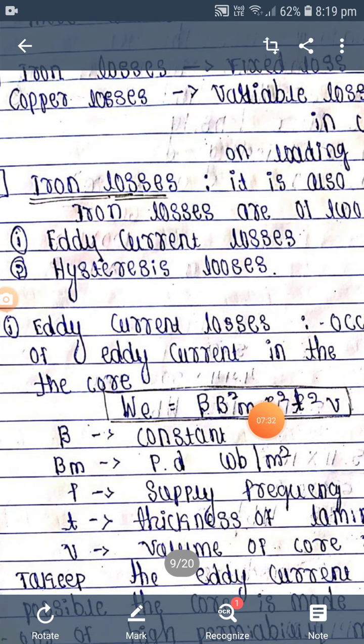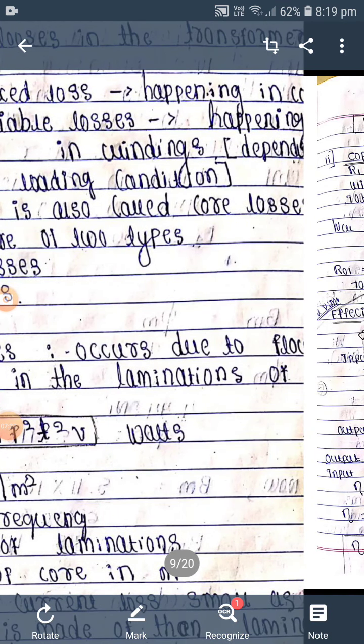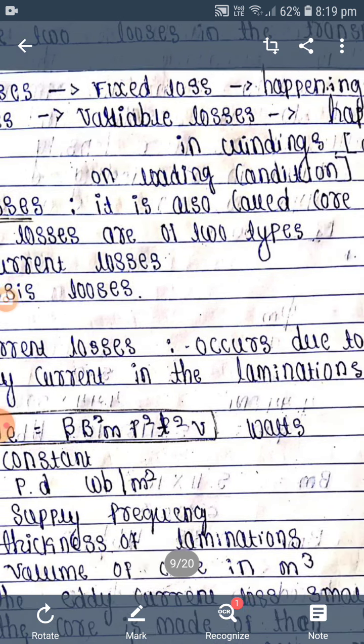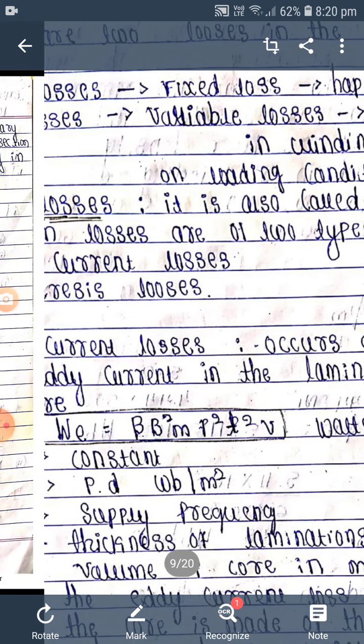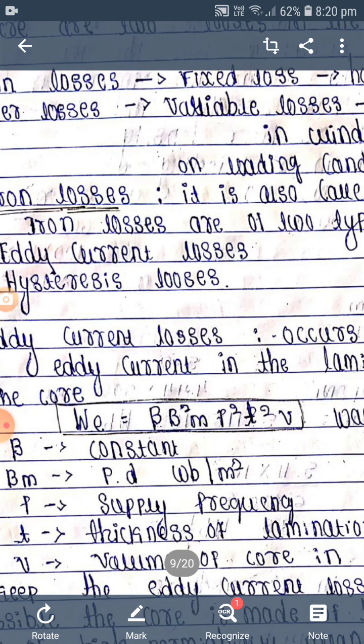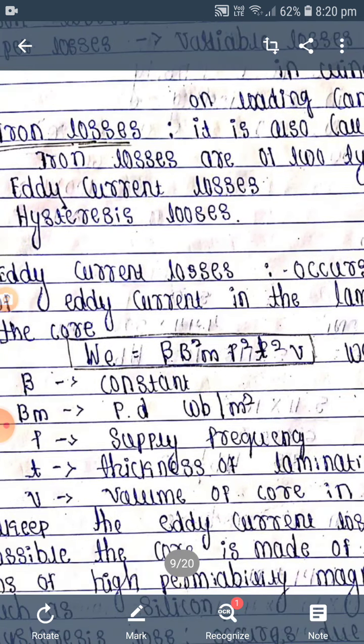The eddy current loss occurs due to the eddy current in the laminations. So this eddy current loss we can calculate by one empirical formula. We is equal to beta into Bm square F square T square into V, where beta is the constant, Bm is the flux density, F is the supply frequency, T is the thickness, and V is the volume of the core.